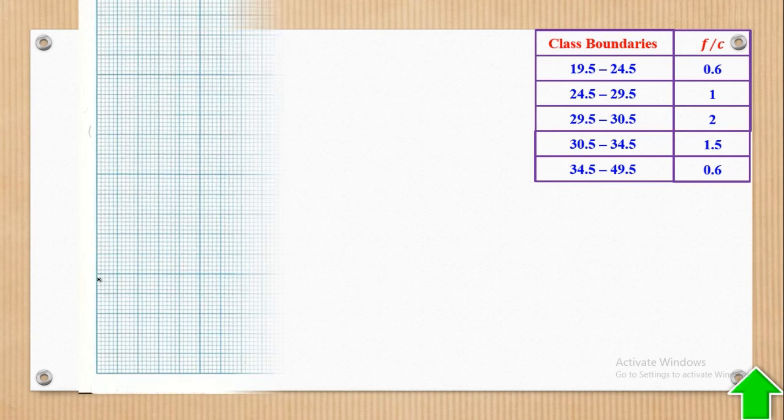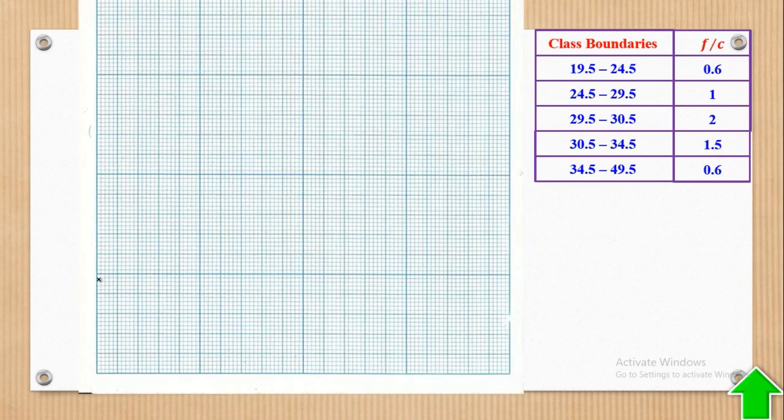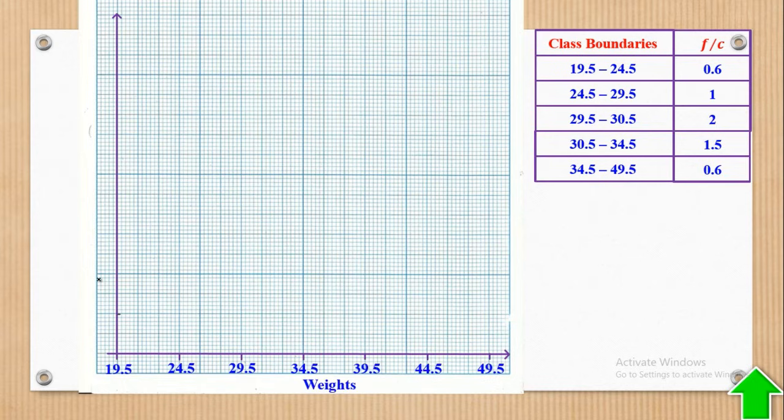So you get the graph paper, draw the horizontal and vertical axis. Then put a scale for the horizontal axis. Do the same for the vertical axis.